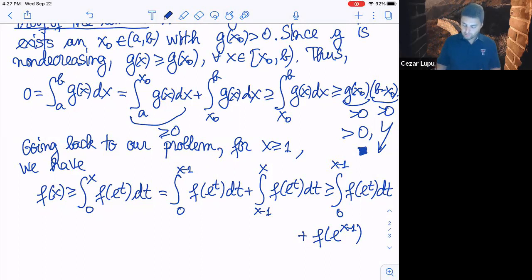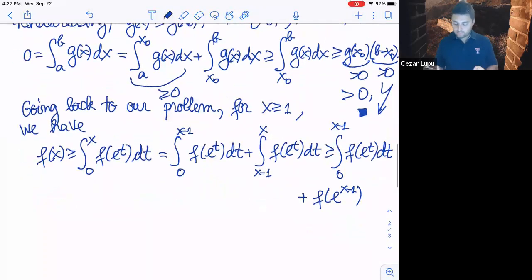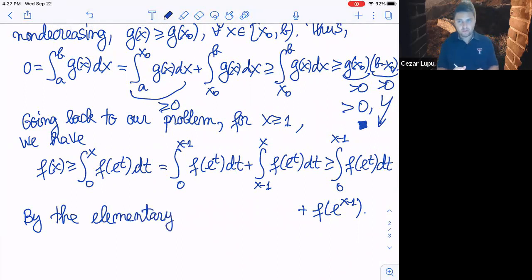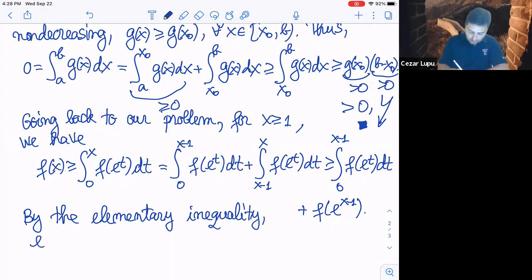All right, beautiful. But now, why am I doing this? Because now by the elementary inequality, which can be proven in many ways, and I've used this plenty of times, e to the power y greater or equal than y plus 1 for y positive, we obtain the following.